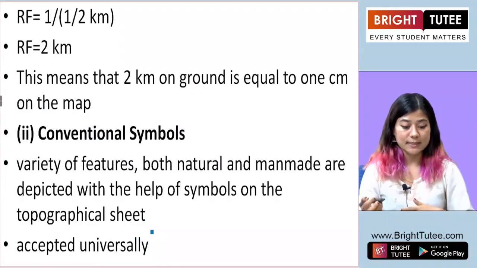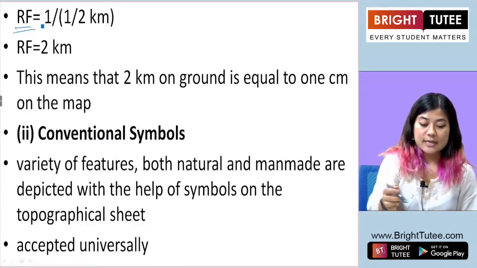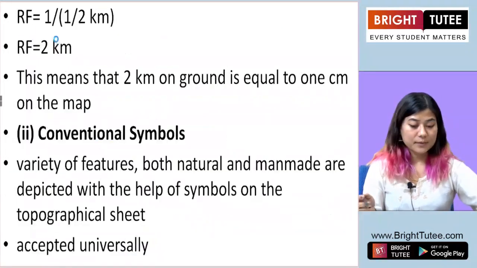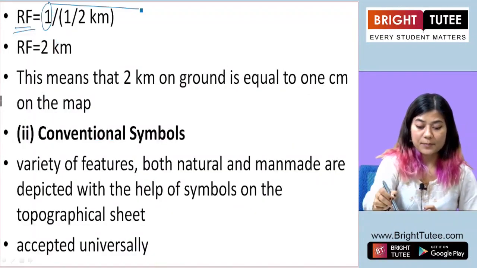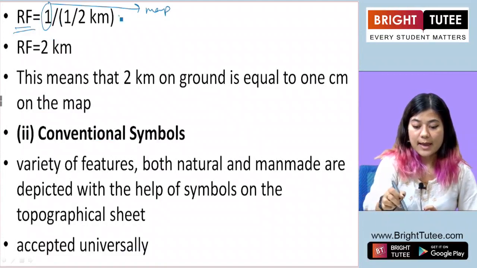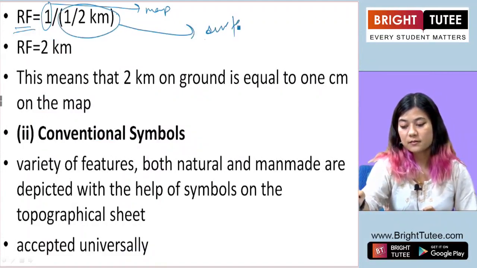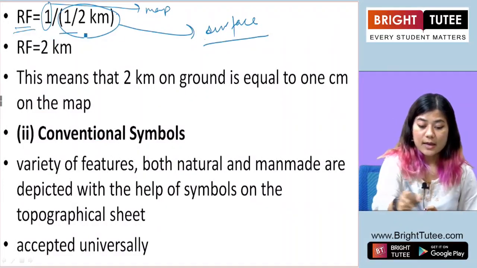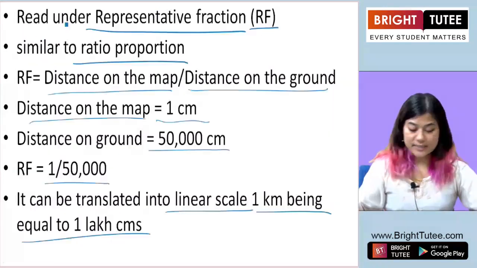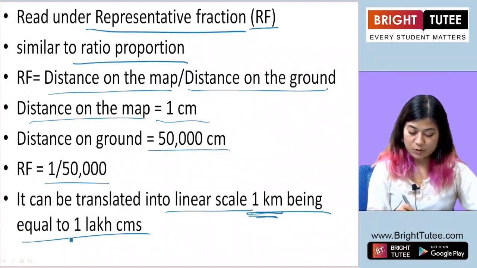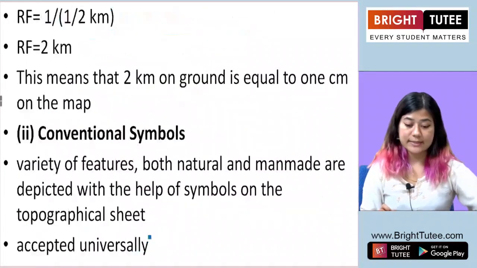Okay, now let us see. So RF here is distance on the map, and this is distance on the surface. Right? Now half kilometer, we said that the linear scale is 1 kilometer being equal to 1 lakh centimeters.